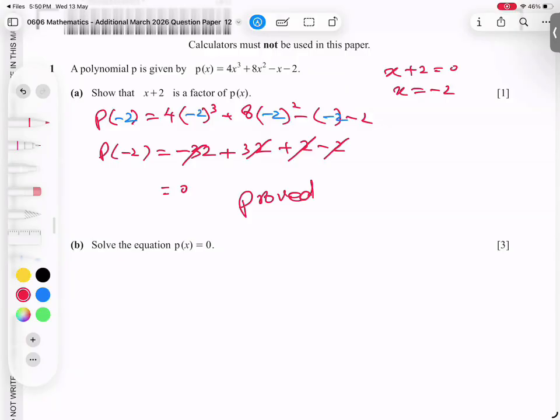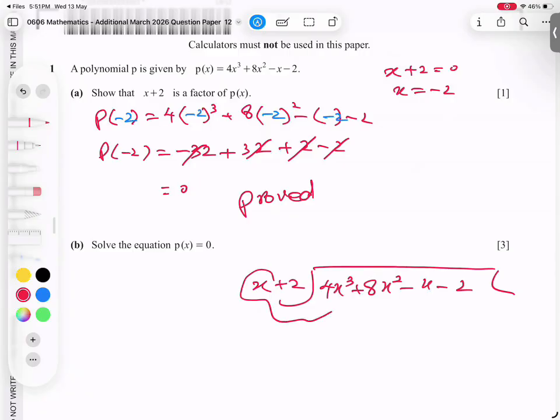Now he says solve this equation. So basically we have to do a long division here. This polynomial goes inside: 4x to power 3, 8x to power 2, negative x and negative 2. And this polynomial goes right outside. What multiplies with this to give this value? 4x to power 2.